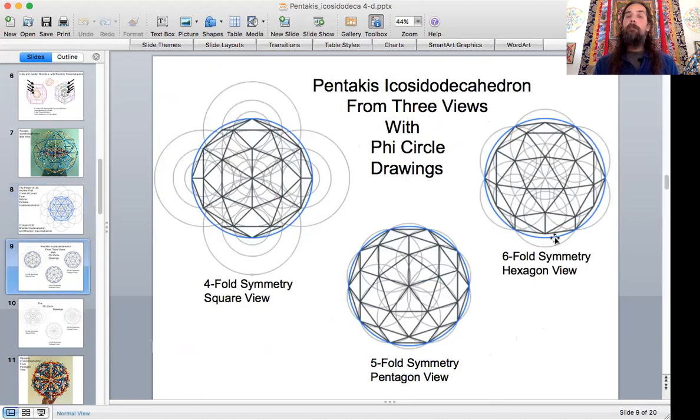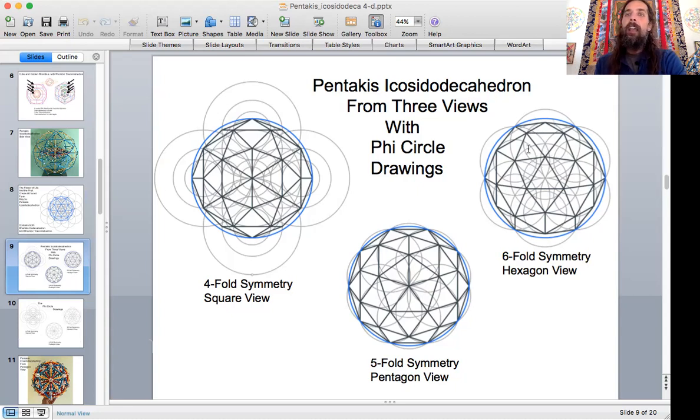So this is the simplified version of that hexagonal 6-fold symmetry view, of just the Phi circles. So when I say Phi circles, this is the seed of life, the enhanced version, I call it, of the seed of life or flower of life. This is the seed of life, the 6 around 1 circles. So 7 circles times 2, because we've got 14 circles, because this outer circle's in Phi relationship to the one that's inside it.